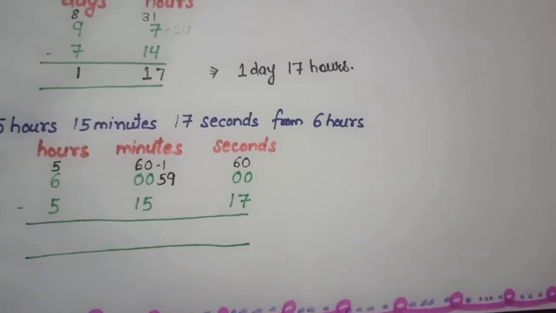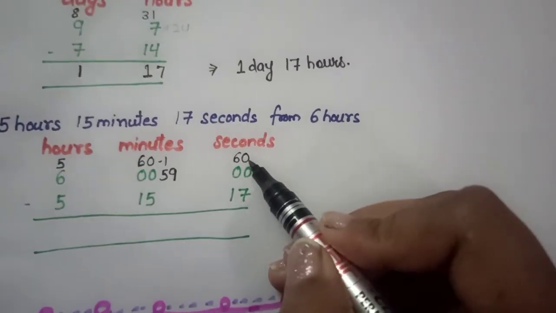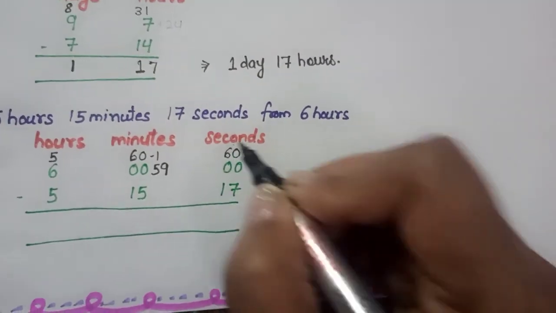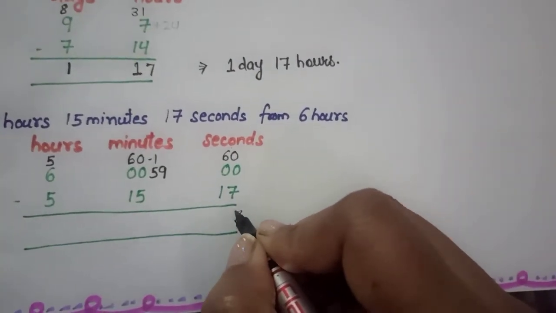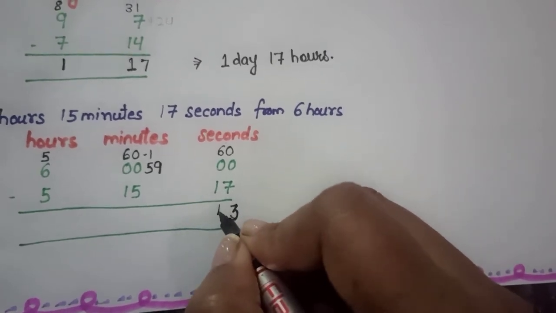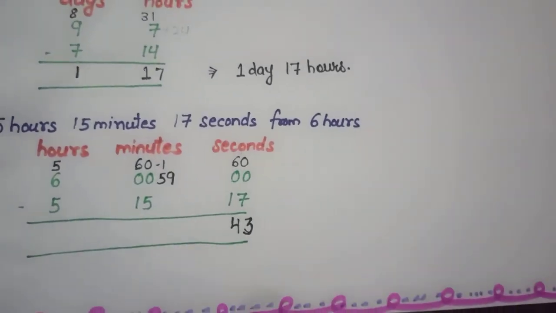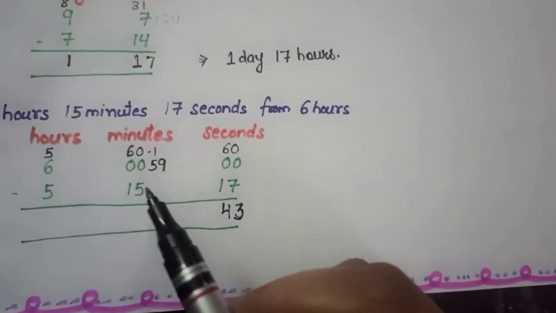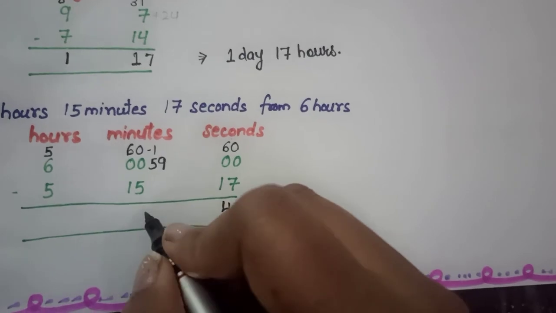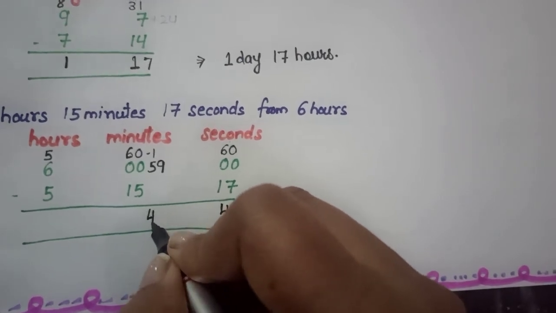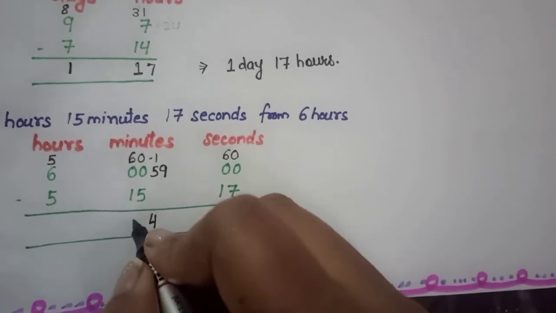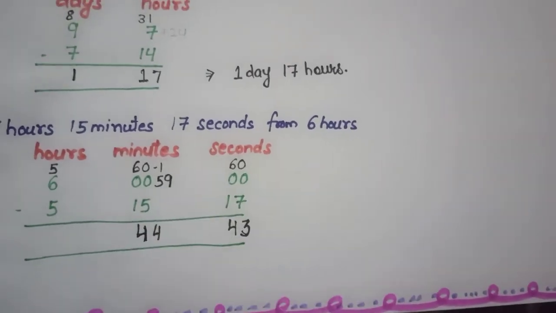Now let us subtract it. From 60 I have to subtract 17. So this is how we will do it: 43. And as 59 is left over here, I have to subtract 15 from 59. 4 will be left over here, and subtracting 1 from 5, again 4.